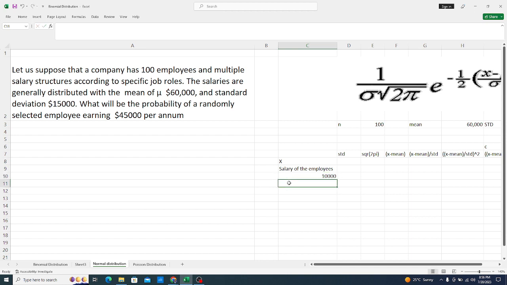Let's assume the least paid person is paid 10,000 US dollars per annum.